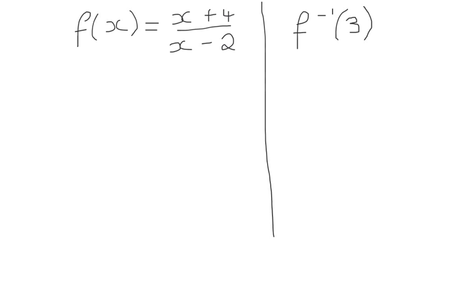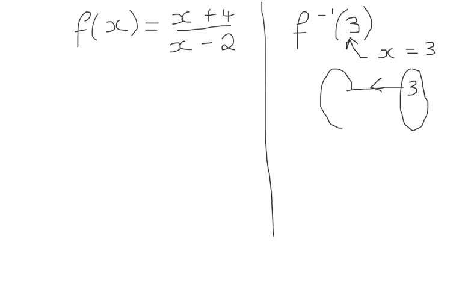In this function, inside the brackets, x is equal to 3. So that means the domain of the inverse involves the number 3 over here. Going backwards, we'll get a number out. So we don't know this number. The inverse function of 3 equals don't know.